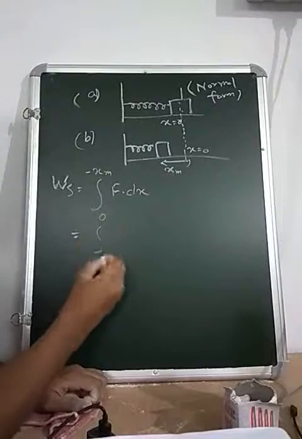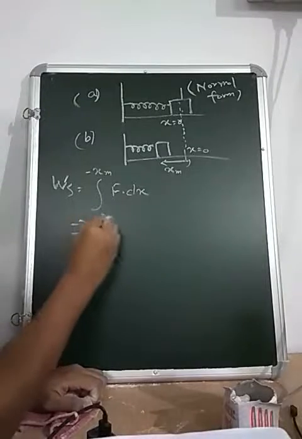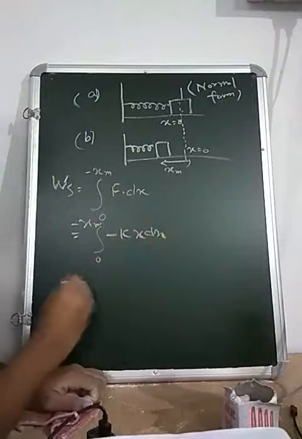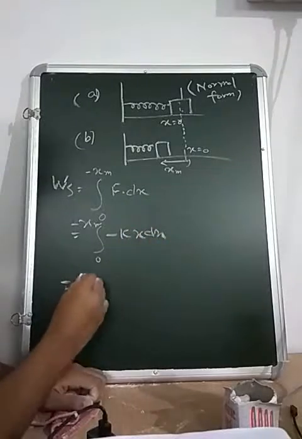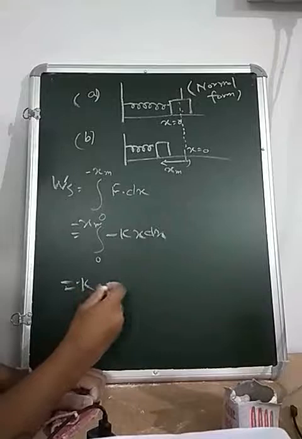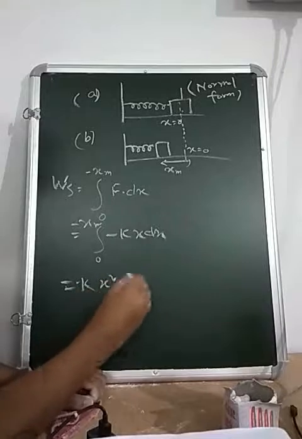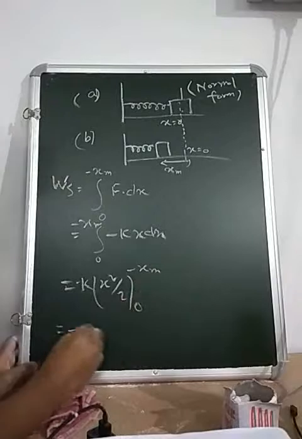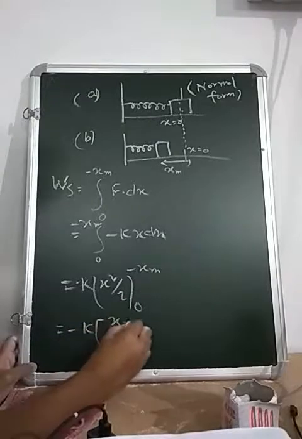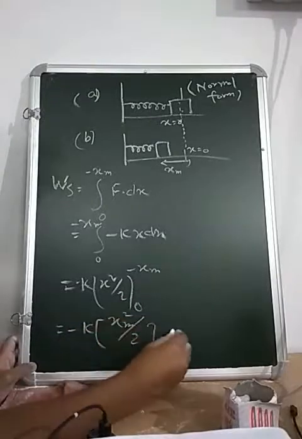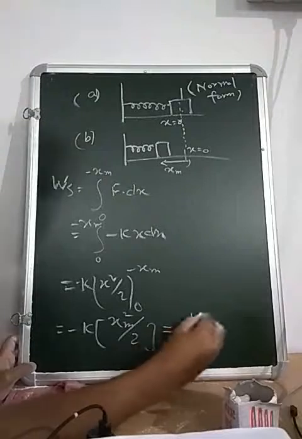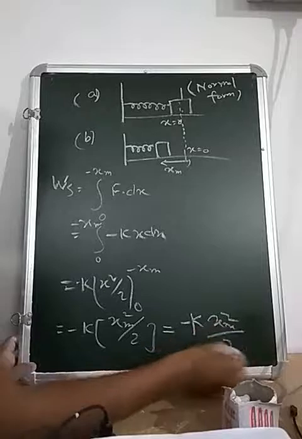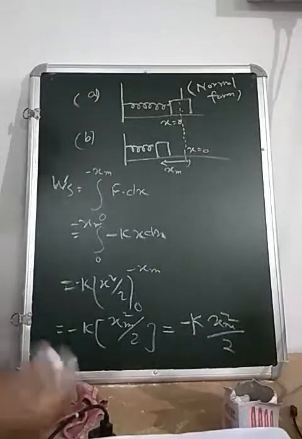If we solve this, what we get? 0 to minus xm, F is minus k into x into dx, or minus k into x square by 2, and limit is 0 to minus xm. So if you put the limit, this will be minus k into xm square by 2.